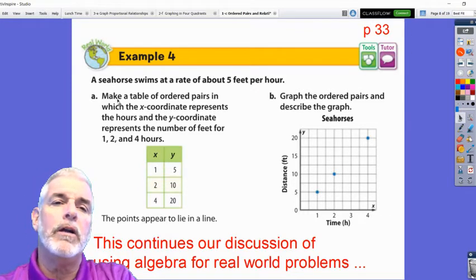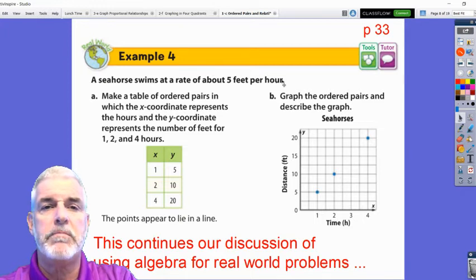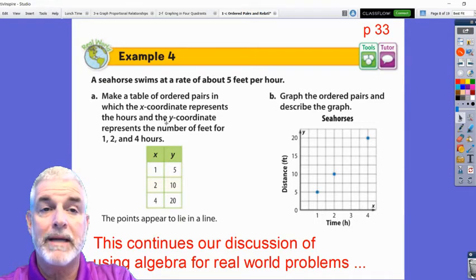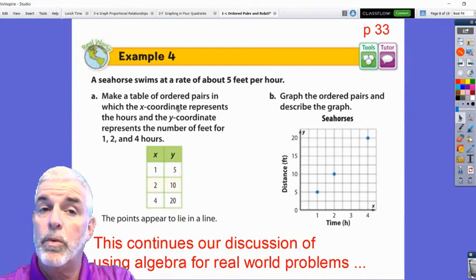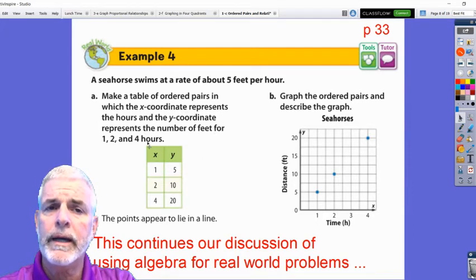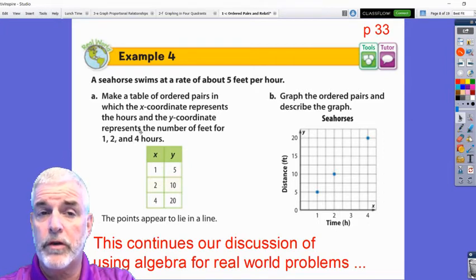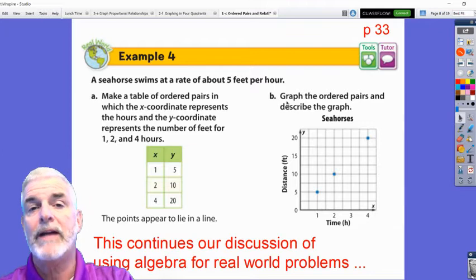So the example here, a seahorse swims 5 feet per hour. They ask you to make a table of ordered pairs where X is the hours and Y is the feet. They give you the required input values to use. Then they ask you to make a graph.